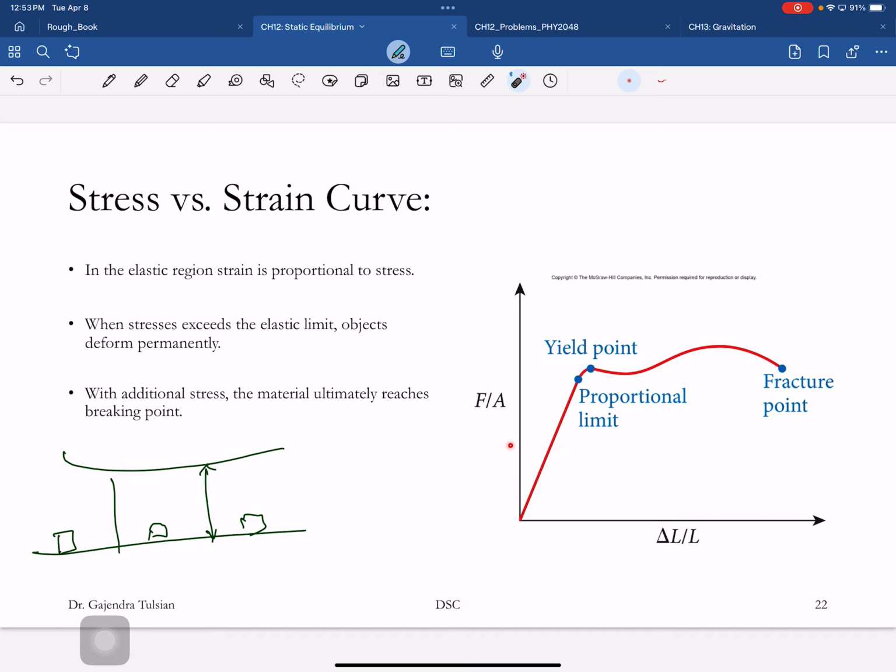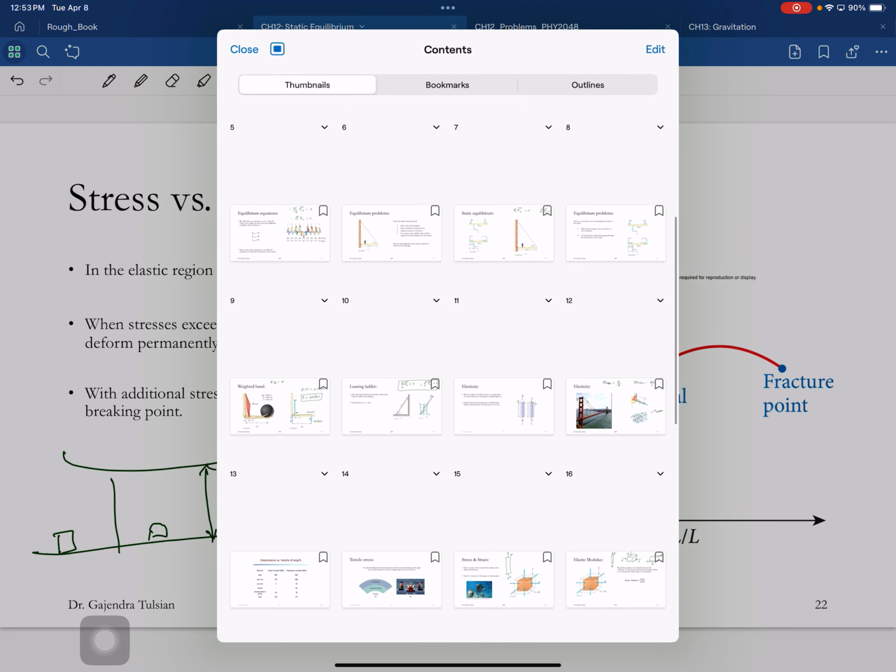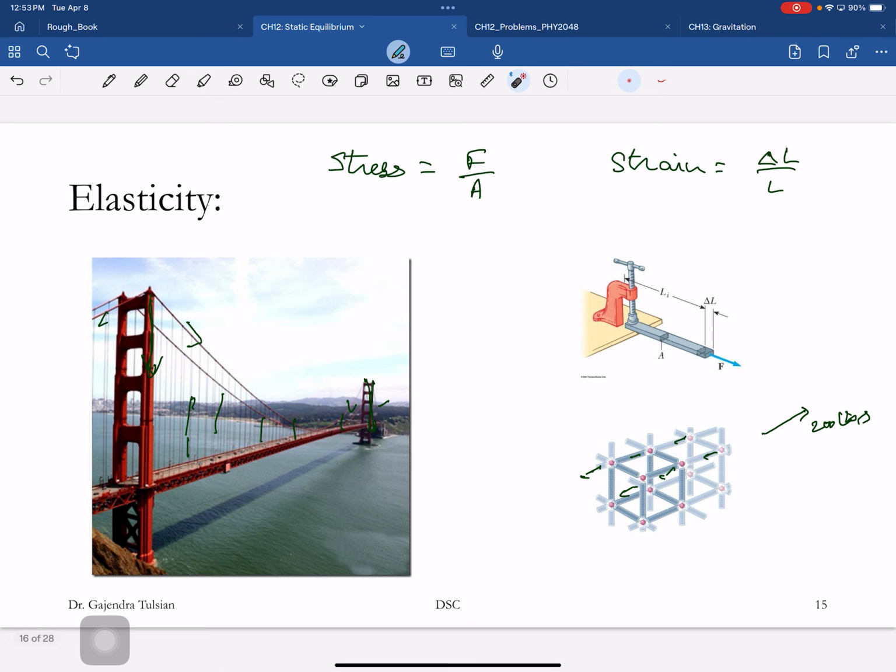So how do you decide how many cables you're going to put on that bridge? You would divide the total mass you expect by how much each cable can lift. Yeah, so you imagine the worst case scenario.